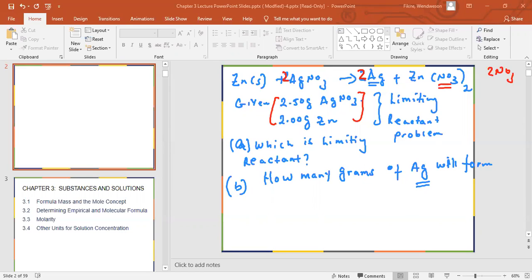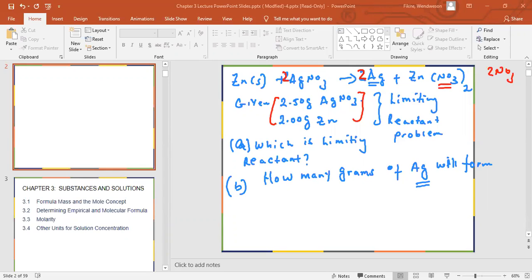Determined by the limiting reactant. Your limiting reactant, like I say, can be silver nitrate or it can be zinc. What is the weight of zinc?